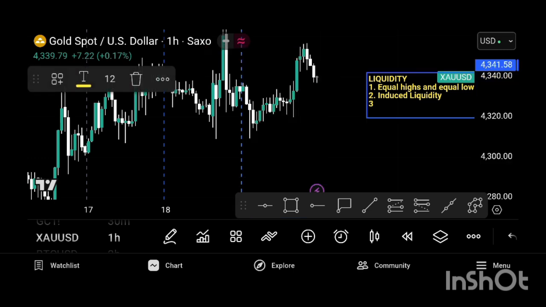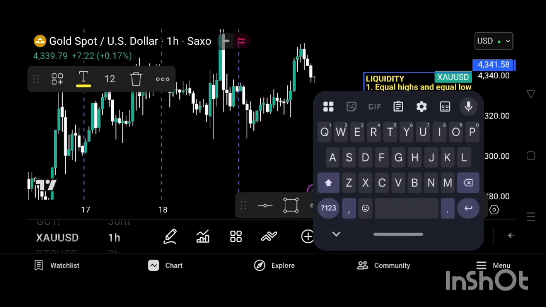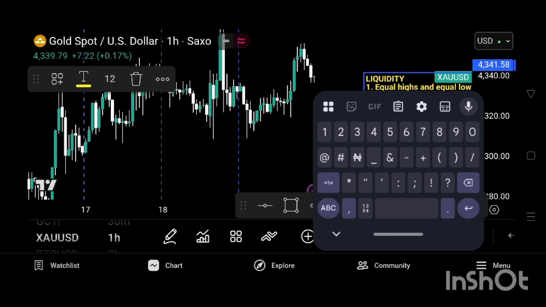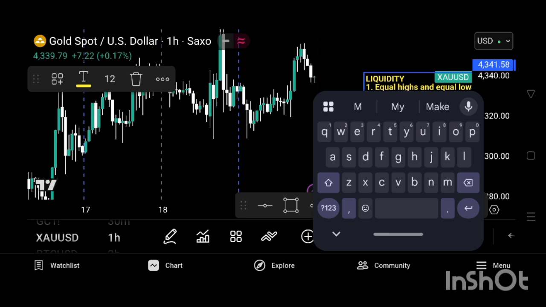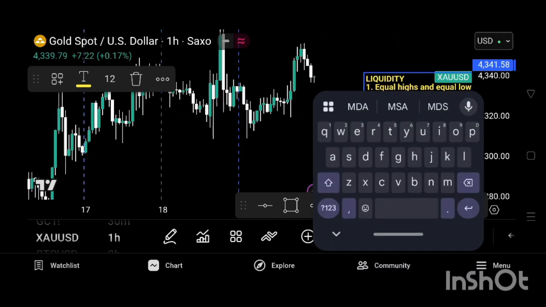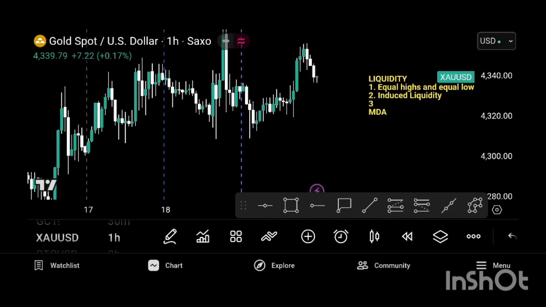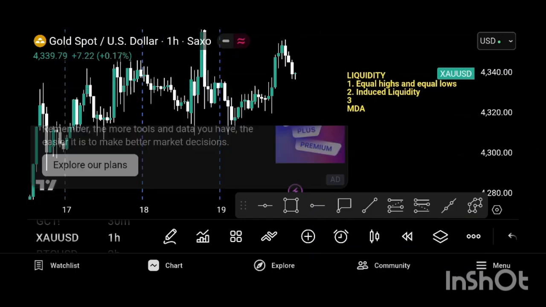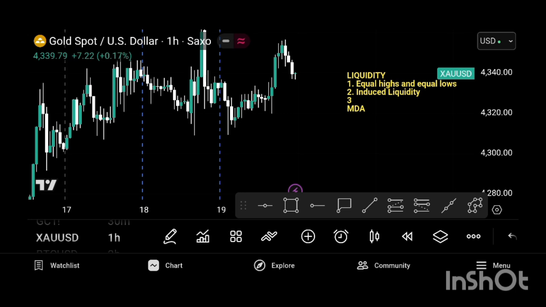I will explain what that means to us, right? So these are the three types of liquidity that we have in the market that every trader must understand and master if you want to be a profitable trader.